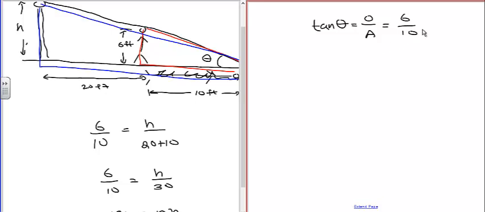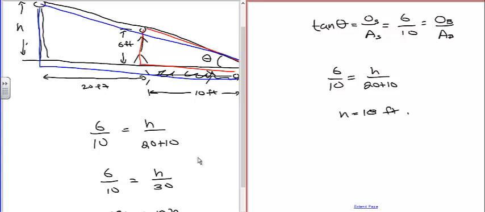So that's the tangent, but that's also the angle associated with the big triangle. So for the big, opposite over adjacent, the opposite side is h, and the adjacent side for the big triangle is 20 plus 10. You get the same basic equation, so you solve for it and you get 18 feet.